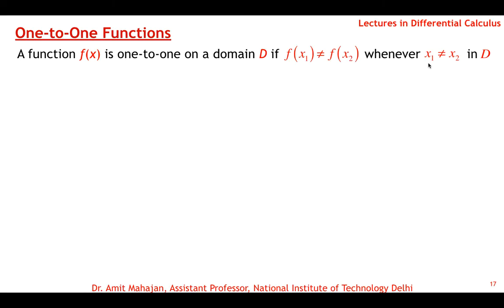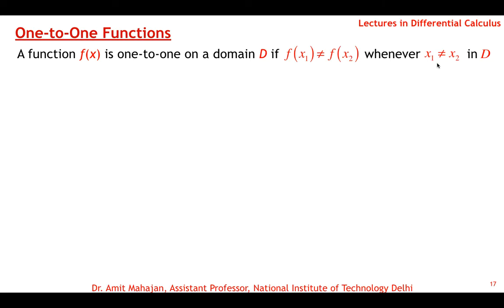So that means if you have two different points in the domain, those two different points will always give two different outputs. Then it is one to one, means two distinct points in the domain cannot go to the same output. If they go to the same output, then we will not call it a one to one function.